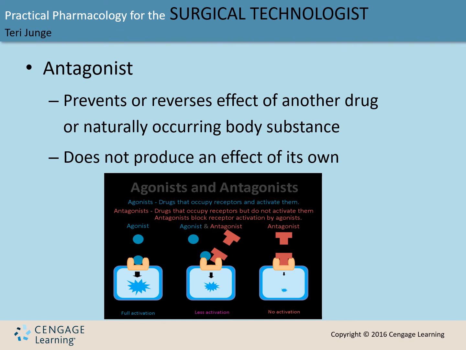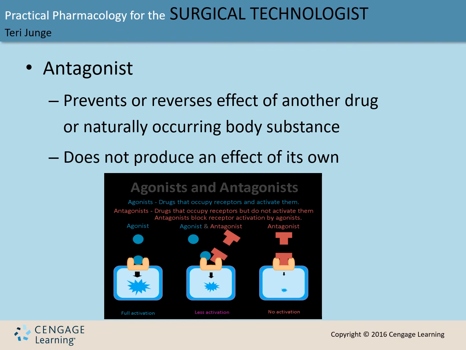Another insurmountable type of antagonism is called irreversible antagonism. Another name for irreversible antagonism, according to the text, is non-equilibrium competitive antagonism, which is really similar to competitive antagonism.